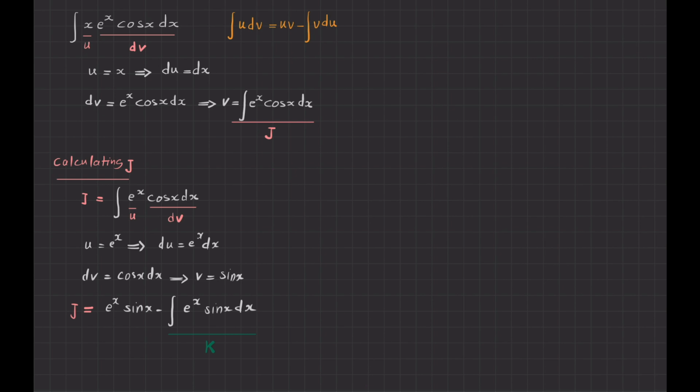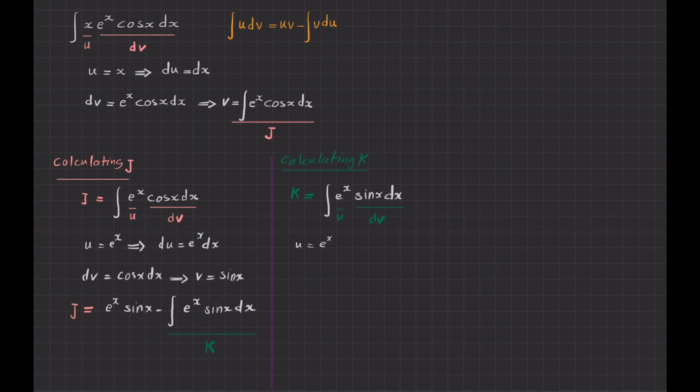So I call this K, and now my goal is to calculate K. Again, K is this integral. I want to use integration by parts again by giving the role of u to e to the x, but I want to give the role of dv to sine x dx.